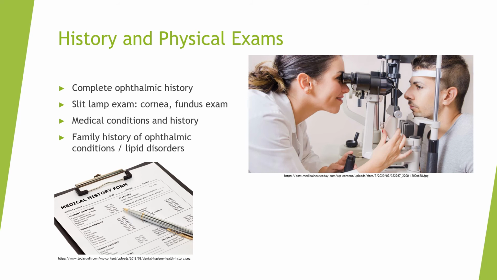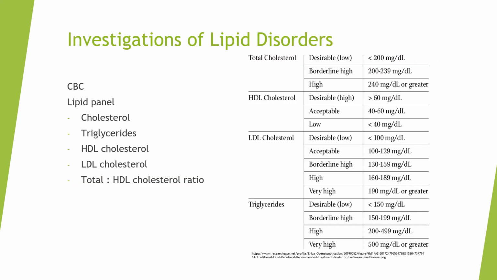And also ask about any family history of ophthalmic conditions and or lipid disorders. For investigating lipid disorders, ordering a CBC and doing a thorough lipid panel including cholesterol, triglycerides, HDL and LDL, and also the total to HDL cholesterol ratio would be desirable.